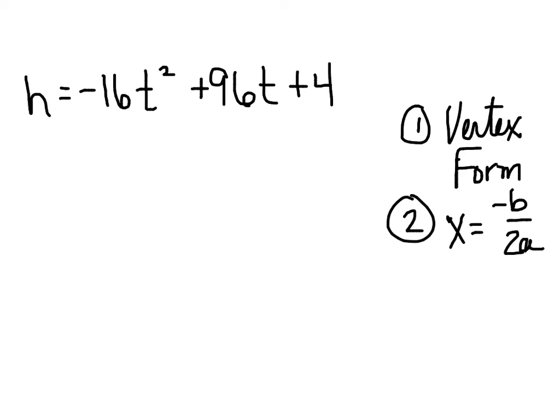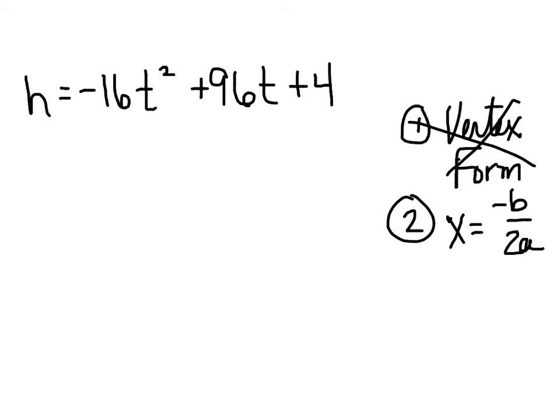Now, I want to make sure you guys are aware of something. I don't care which way you do this, but I'm going to make a suggestion. If you don't want it to take so long, I would not do this one. Vertex form is going to be more of a challenge. The reason why: what number is in the A spot for this problem?